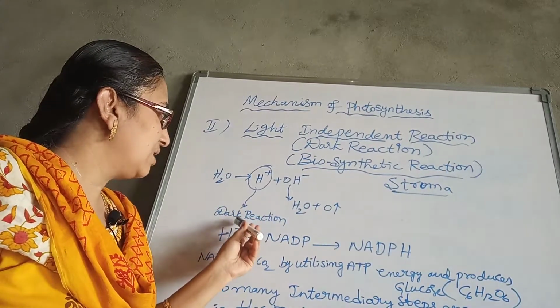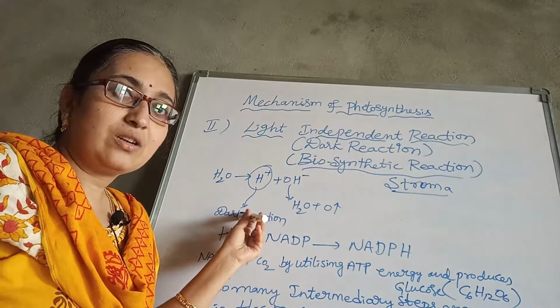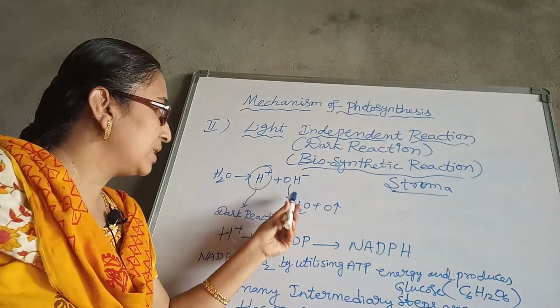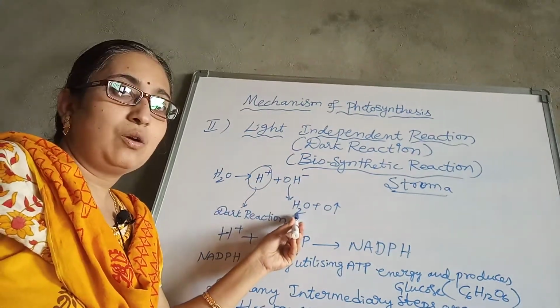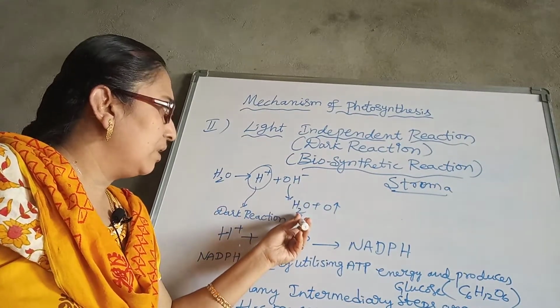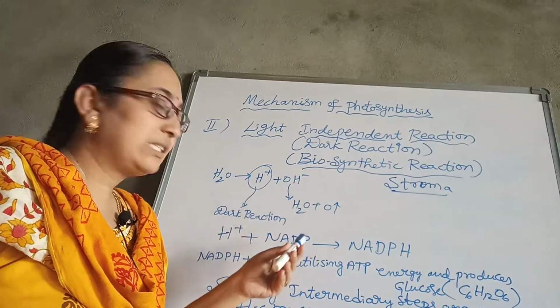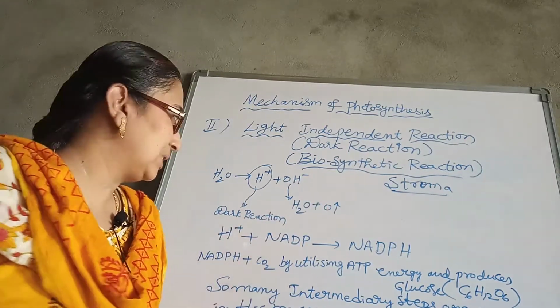The H plus ions will enter into the dark reaction, whereas the OH minus ions will help in the formation of water, and oxygen is released during photosynthesis.